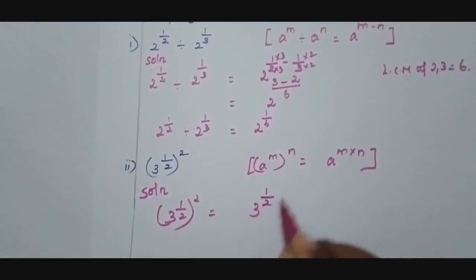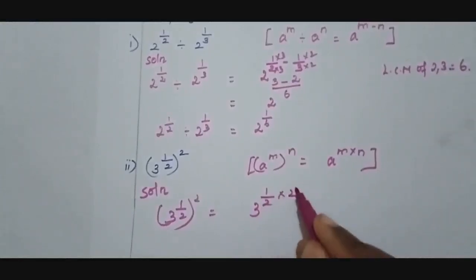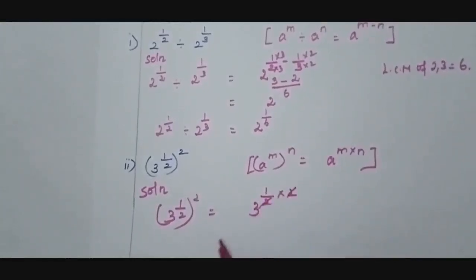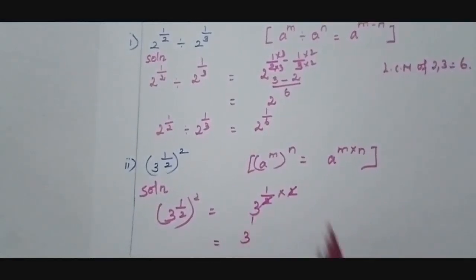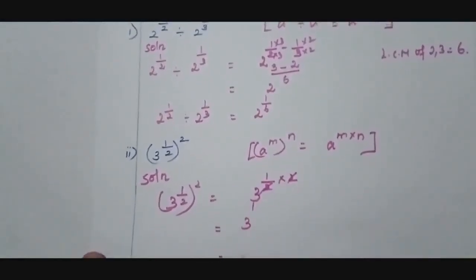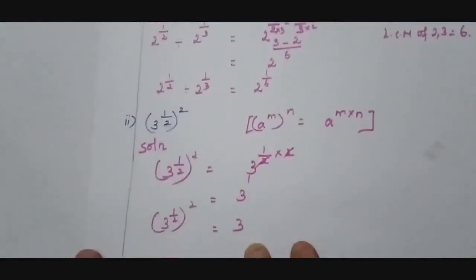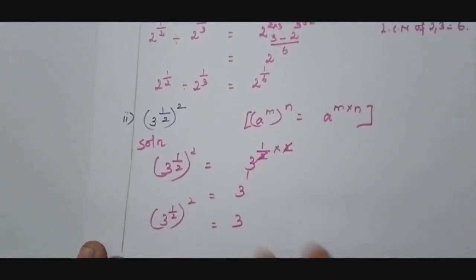So 1 by 2 into 2. Now you can cancel this 2 and this 2. This is 3 power 1. 3 power 1 is equal to 3. So 3 power 1 by 2 the whole square is equal to 3. Can you understand, children? Yes.